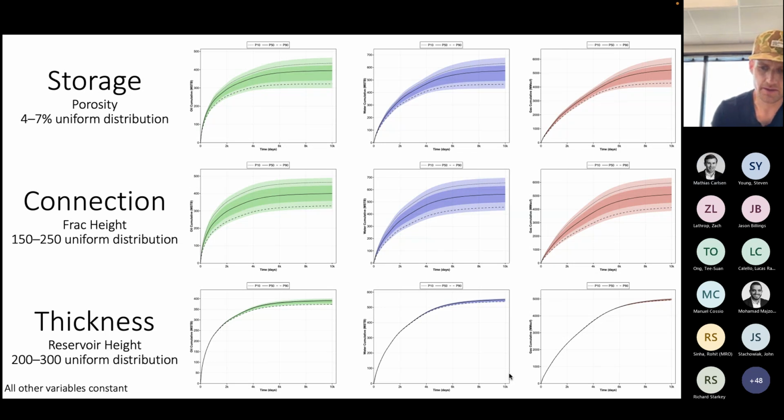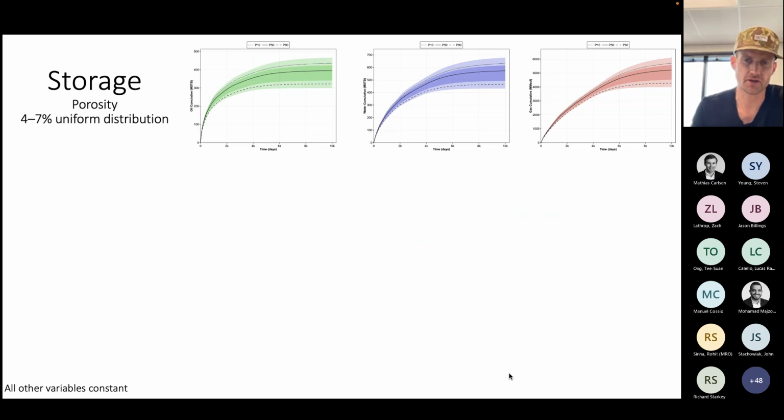Yeah. We could run a normal, we could run a triangular distribution. The reason I chose to run uniform in this case is that I wanted to give 4% for porosity, for example, and 7% equal opportunities to be run in this model. I don't want to pretend to have any more certainty or control over the subsurface, and I don't want to center in on 5% and say it's a normal distribution from 5%.